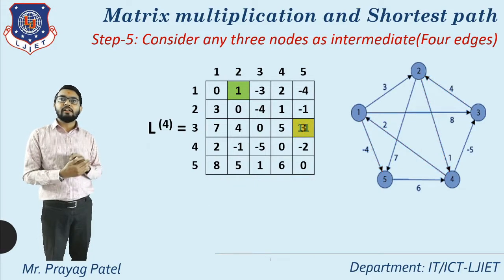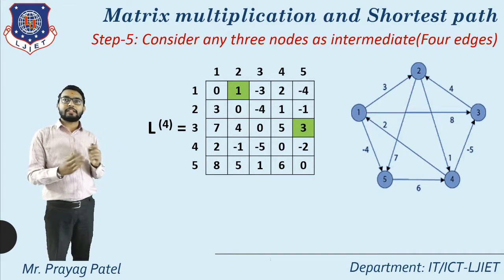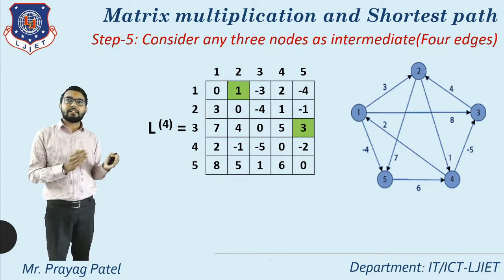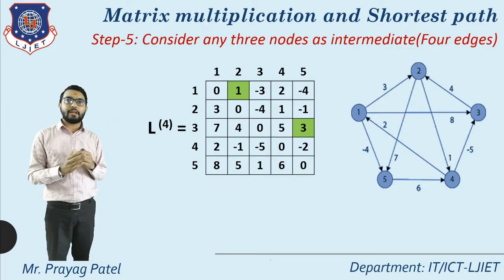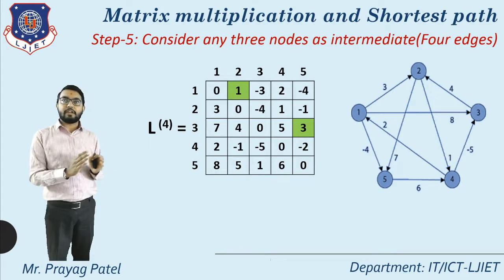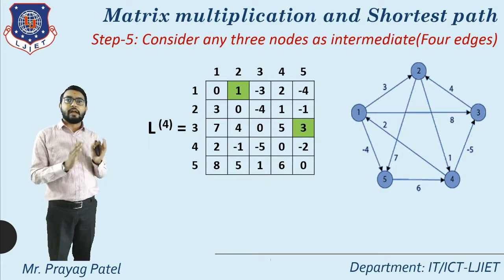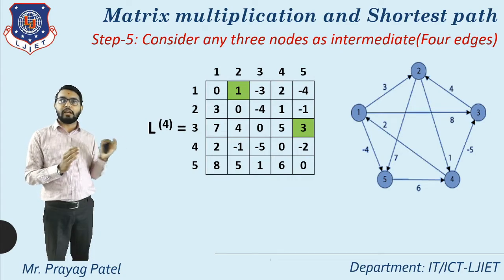So we consider this table as the final table. In today's lecture we discussed all the steps: first the direct distance, then 1 node as intermediate, then 2 nodes as intermediate, then 3 nodes as intermediate. In each step you consider each and every location, meaning 1, 2, 1, 3, 1, 4, 1, 5 and so on, according to each node as an intermediate, meaning 1, 2, 3 and so on.